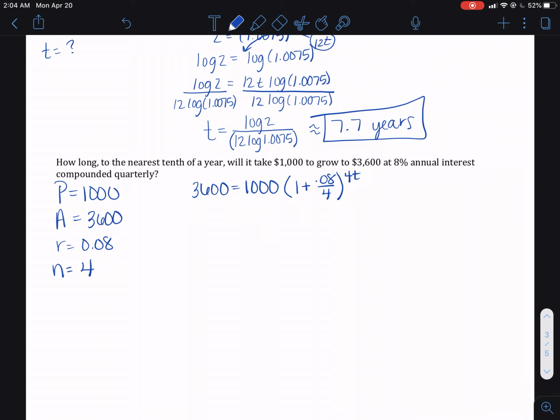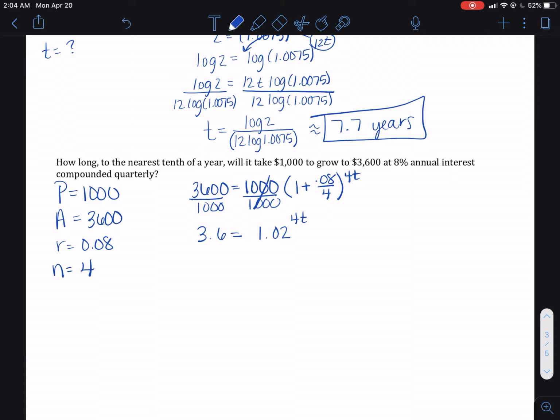I guess we can go ahead and finish this one. If we divide by 1,000, we get 3.6 equals, and if we calculate this, I'm thinking it's 1.02, but let's double check. Yep. 0.08 divided by 4 is 0.02, plus 1 gives us 1.02 to the 4t power.